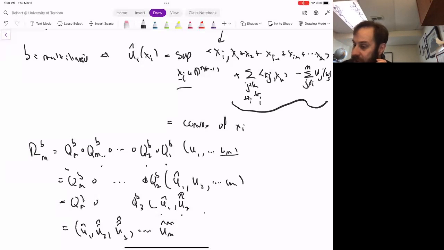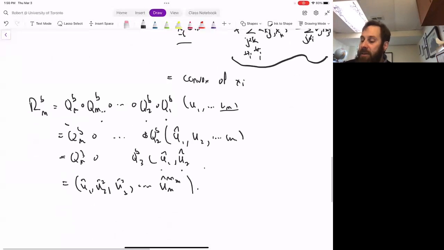So maybe my notation is slightly confusing. I don't really mean that I'm iterating this operator, but the arguments are slightly different. So let me call this 2 and 3 and so on up to m. And in fact, it's a fact that I don't want to check, but if you apply qi to this guy, it's invariant under another application of any of the qi's, I think.